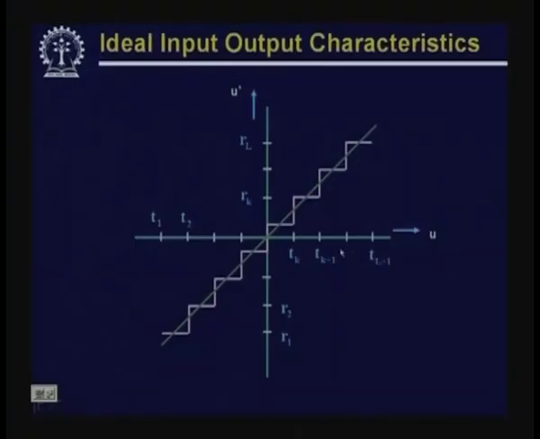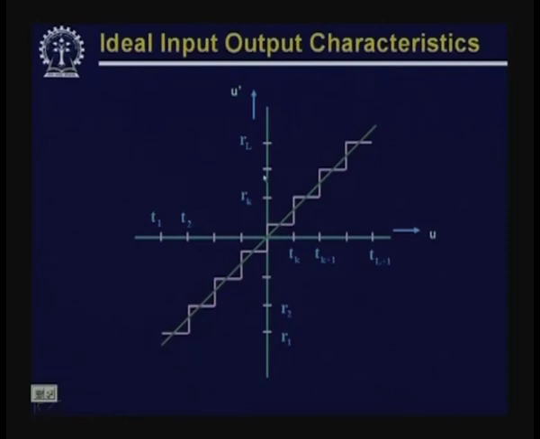In this particular slide, again we have shown the same staircase function, where along the horizontal direction we have the input signal and in the vertical axis we have put the output signal. This pink staircase function shows the quantization function that will be used, and this green line, which is inclined at an angle of 45 degrees with the u axis, shows what should be the ideal input output characteristics.